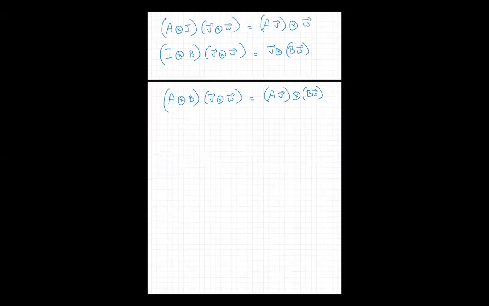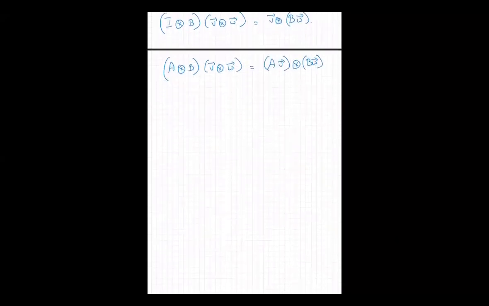So my claim is that A cross B would be equal to, first calculate this and then calculate the other and simply multiply these two matrices. So this is simply an ordinary multiplication. Because this is a 6 by 6 matrix, and this is a 6 by 6 matrix, I can multiply two 6 by 6 matrices, no problem.